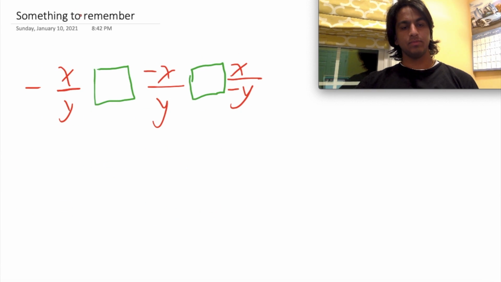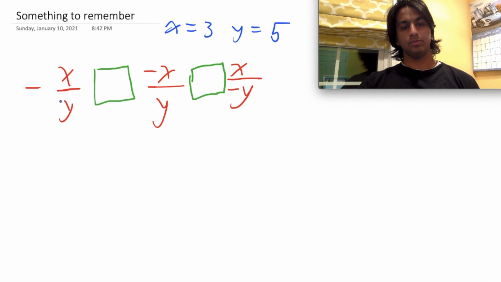Our last thing, just something to remember, almost like a riddle. So we have an expression almost with 2 boxes. So that tells us that something has to go in it, but we don't know what to put in. Let's see, are either of these bigger, smaller, are they equal, not equal? Let's find out. So to do this, let's plug in numbers. So let's just say x equals 3, and let's just say y equals 5.